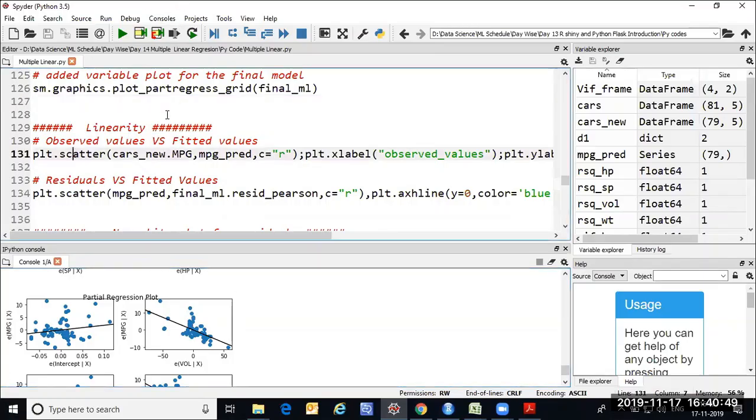Now to check the linearity, you need to draw a plot between observed values and fitted values. What are the observed values? Actual values given in your data set. And if you draw a plot between observed values and fitted values, fitted are nothing but predicted values. How should the graph look? Ideally very close by.